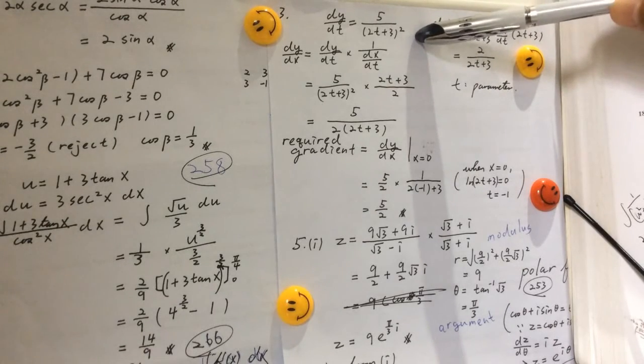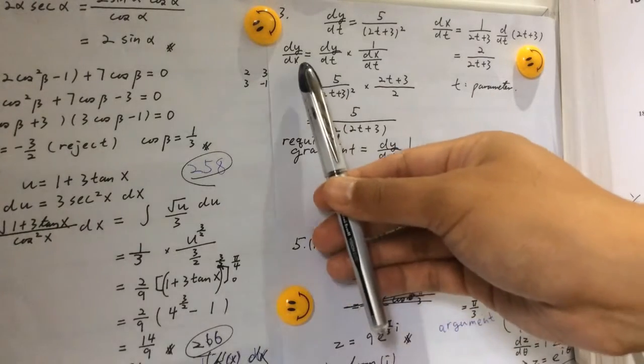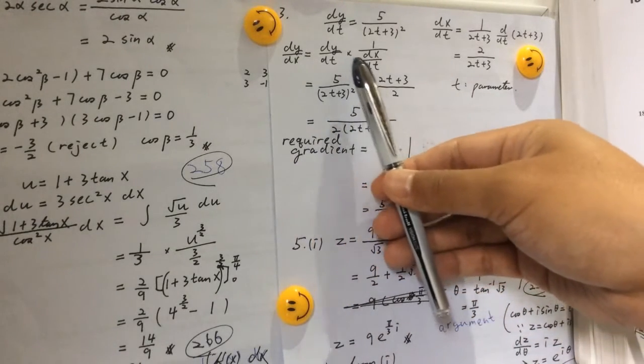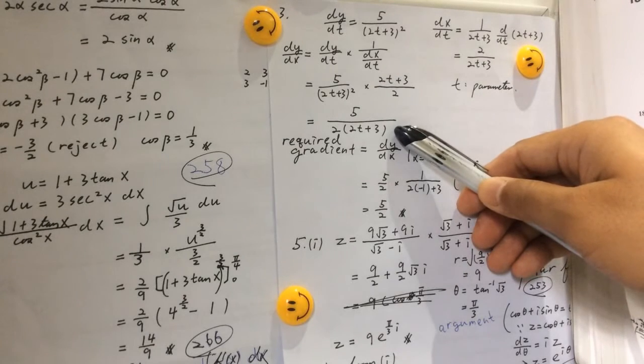And then differentiate y with respect to t, and then we're able to find dy by dt here. So for the gradient, we need to find dy by dx, which is equal to dy by dt divided by dx by dt. And then put the answers into the expression. Then we're able to find dy by dx as a function of t.